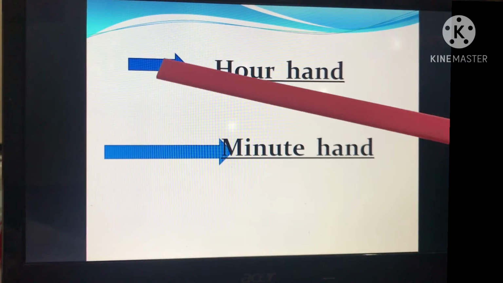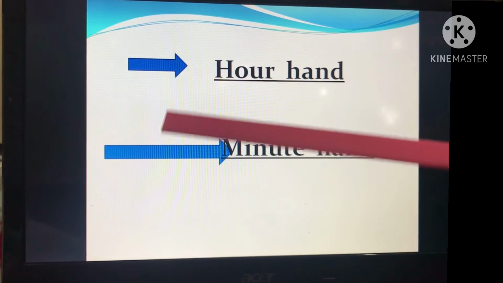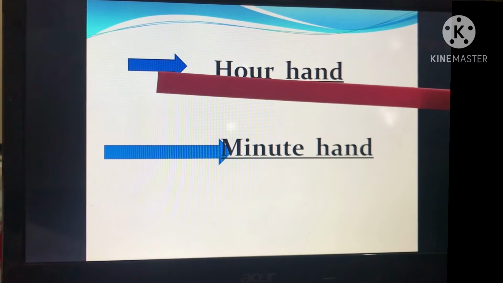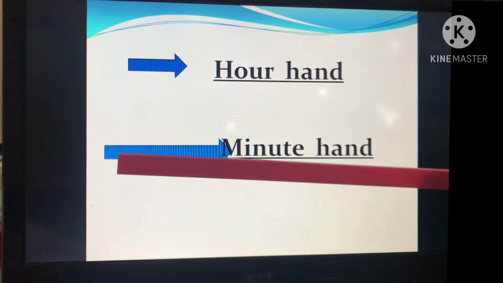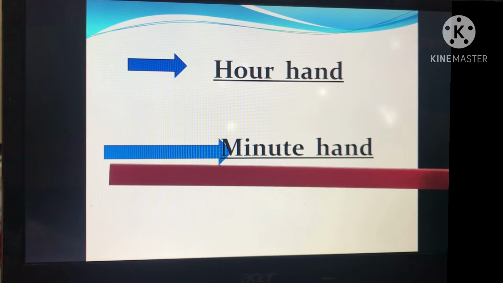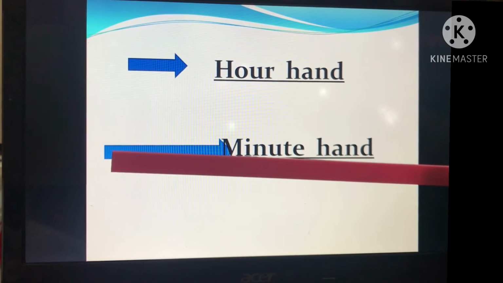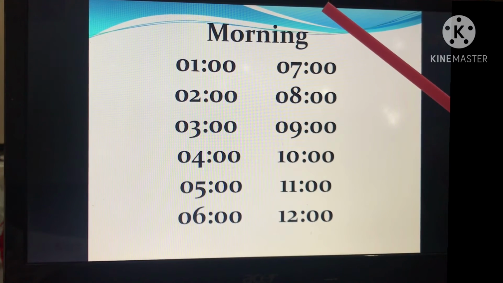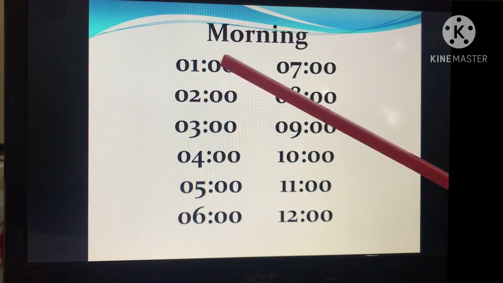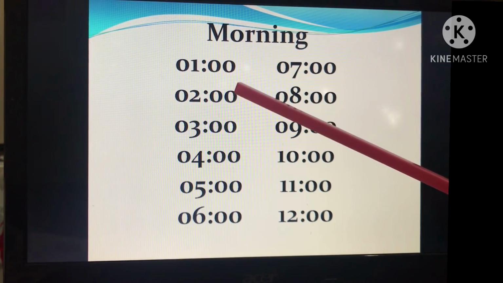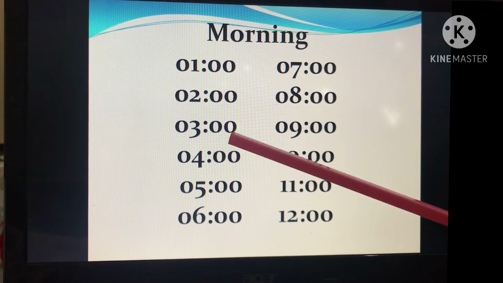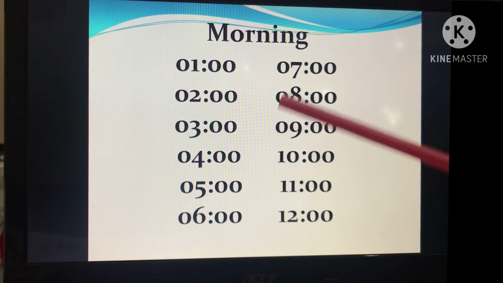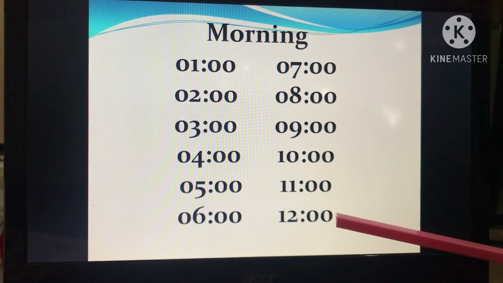We have here two arrows, the short and the long one. The short one represents the hour hand and the long arrow represents the minute hand. In the morning, we tell the time like 1 hour, 2 hours, 3 hours, 4 hours, and so on until 12 noon.